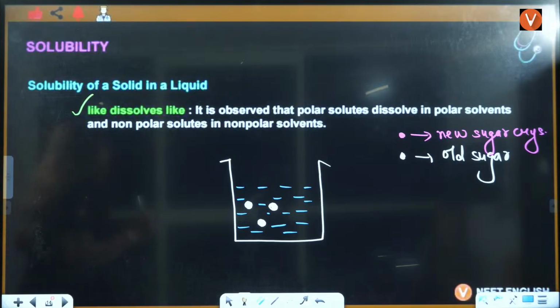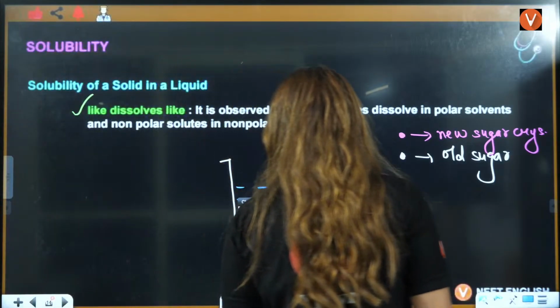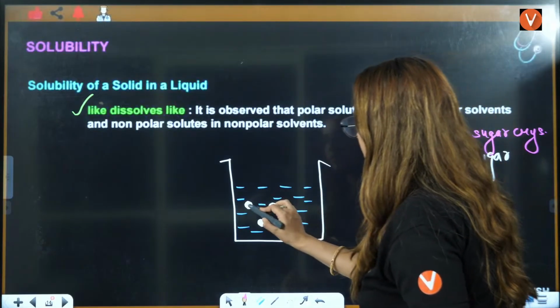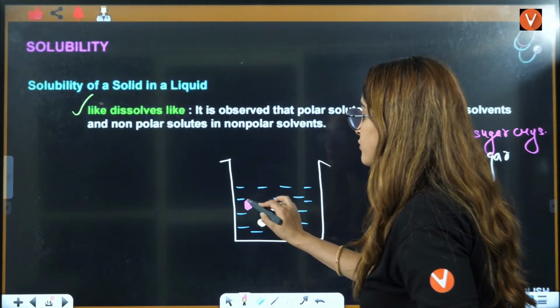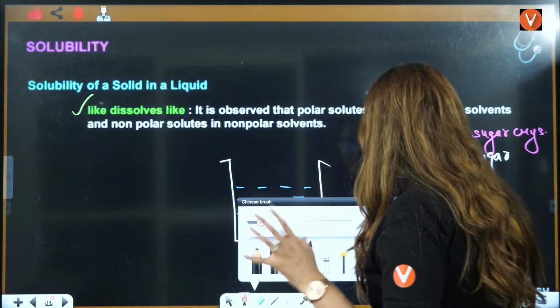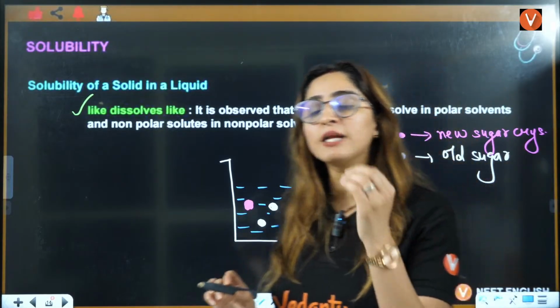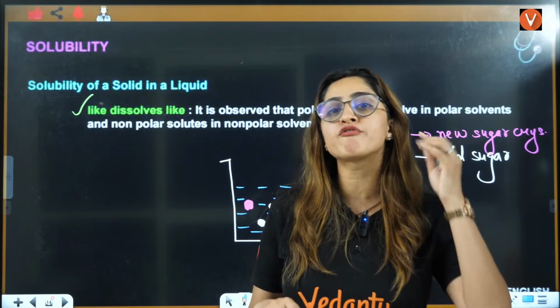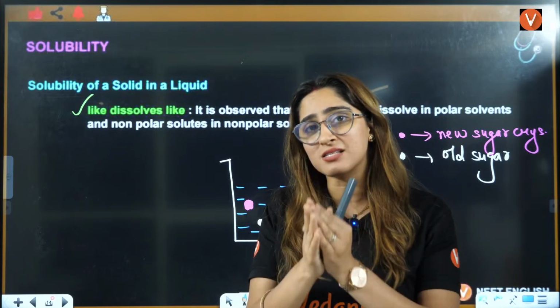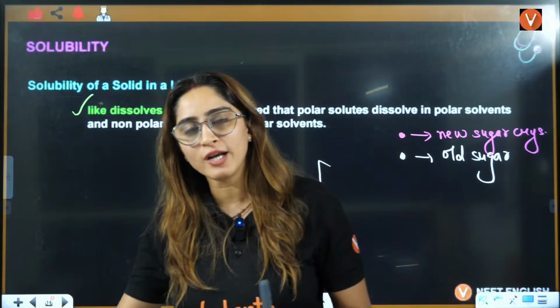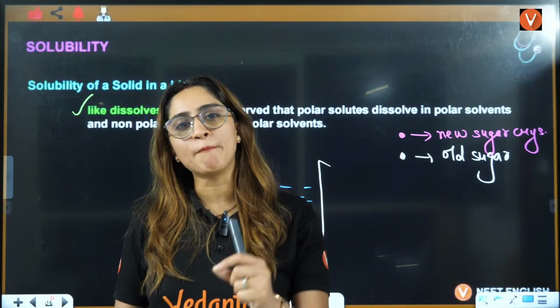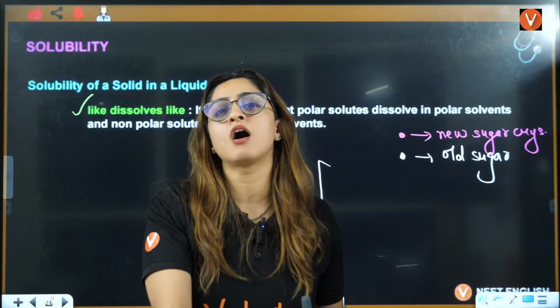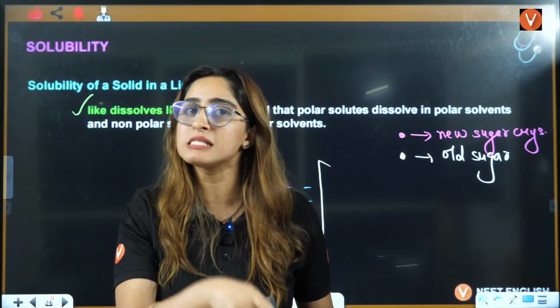Right, students? That means the thing that you have observed, not in crystallization but in equilibrium, is that there is a dynamic equilibrium that it has achieved. That means the number of sugar crystals getting dissolved is equal to the number of already dissolved sugar crystals getting crystallized.